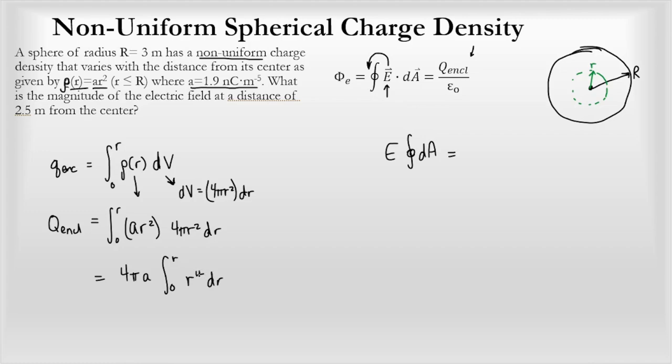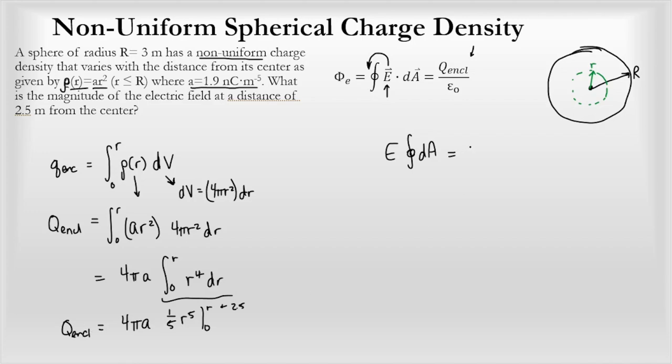At least it's not a terrible integral. I can integrate a power rule. So I'm going to get 4 pi A times 1/5 r to the 5th, evaluated from 0 to r. Or in this situation, you could actually plug in 2.5. That's going to be our Q enclosed.